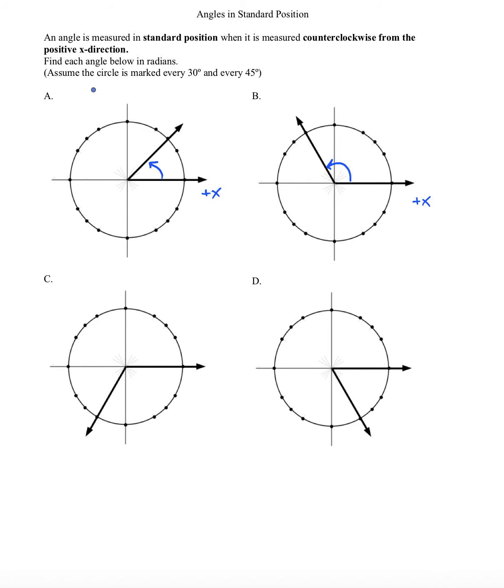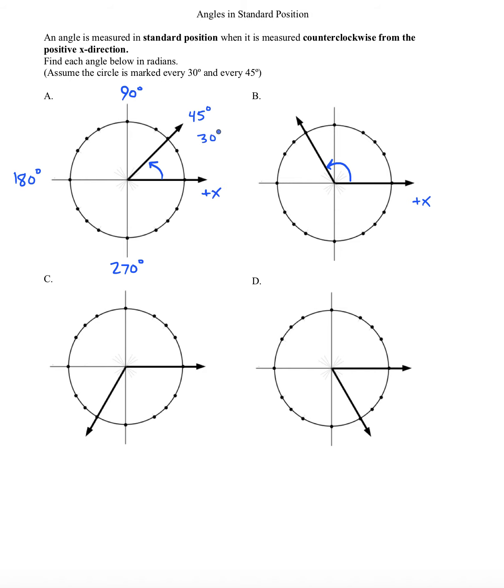Now here, our circle has been marked every 30 degrees and every 45 degrees. So, if you recall, quarter way around the circle was 90 degrees, halfway around was 180, 3/4 of the way was 270, and if you go all the way around, it's 360. So it's marked every 45 degrees, and so this right here would be 45 degrees.